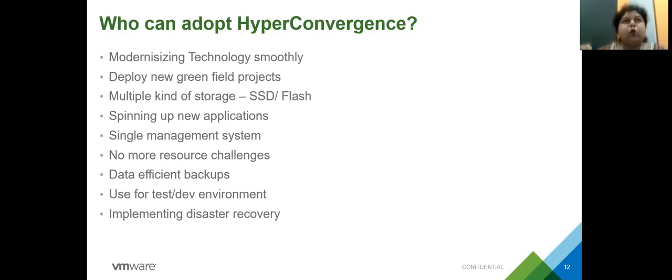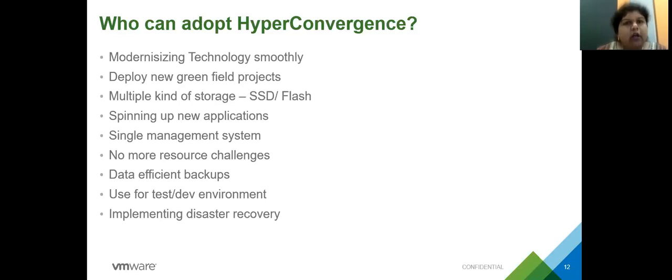So going from tier 1 application to taking backup to being a disaster recovery, or just using in test dev environment. So when any of these is your demand in the data center, or if you are moving towards cloud where you want to provision VMs and resources on demand, automation is very simple in this case, and that's when you should be going for hyperconvergence.